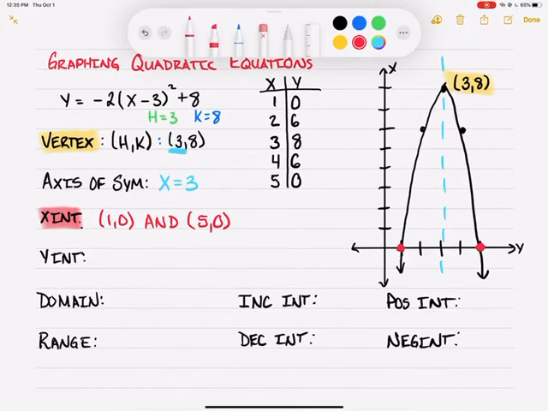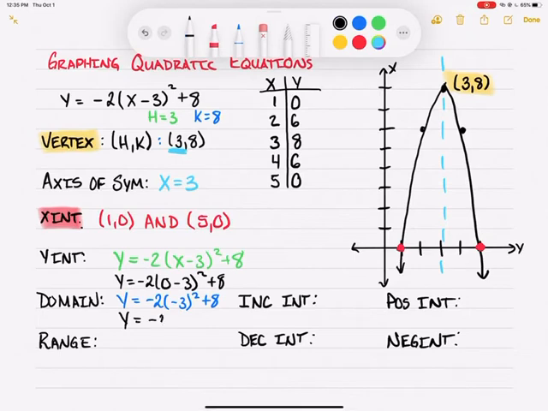The y-intercept is where the graph crosses the y-axis, and we don't see it here, but it is happening just lower down in the graph. To find it, we would take our equation, plug in 0 for x, and solve. This is going to become y equals negative 2 times negative 3 squared plus 8.